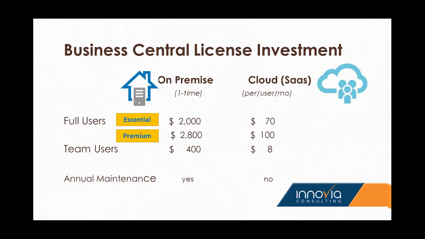On the premium side, the premium is slightly higher because the premium includes all of the essential functionality as well as service management and manufacturing. So it's $2,800 for the one-time purchase, and if you're subscribing, it's $65. Team users are $400, regardless of whether you're on Essential or Premium, and it's $8 for the subscription.